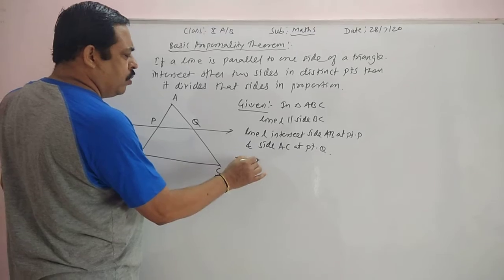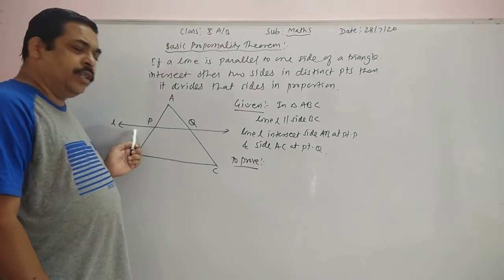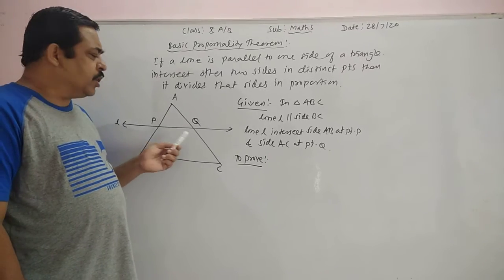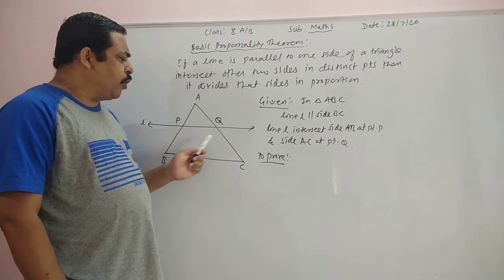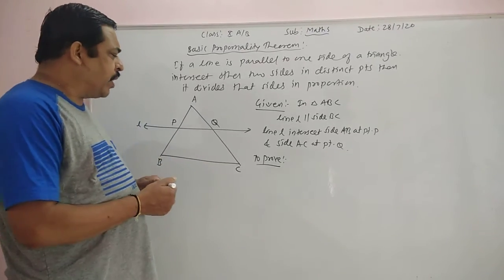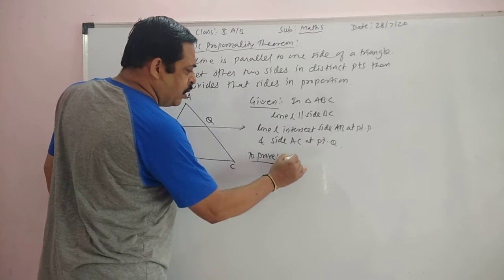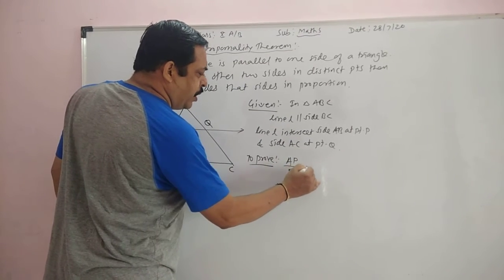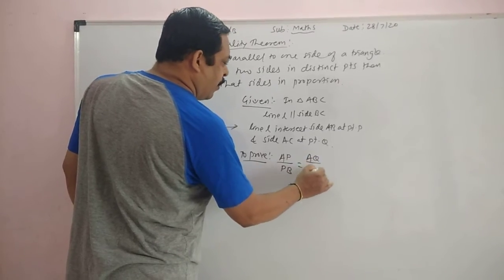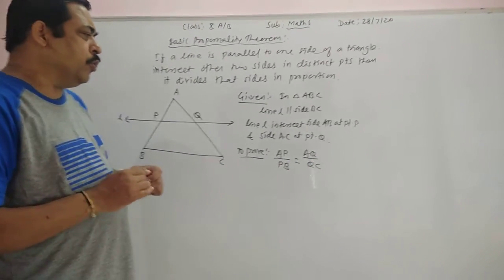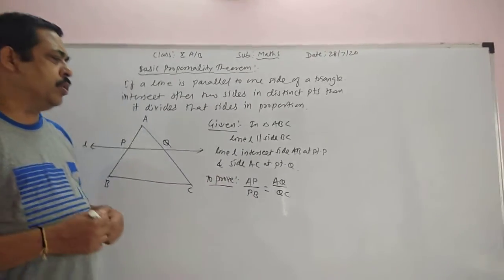To prove, what we have to prove? That the line divides the other two sides in proportion, meaning AP upon PB is equal to AQ upon QC.